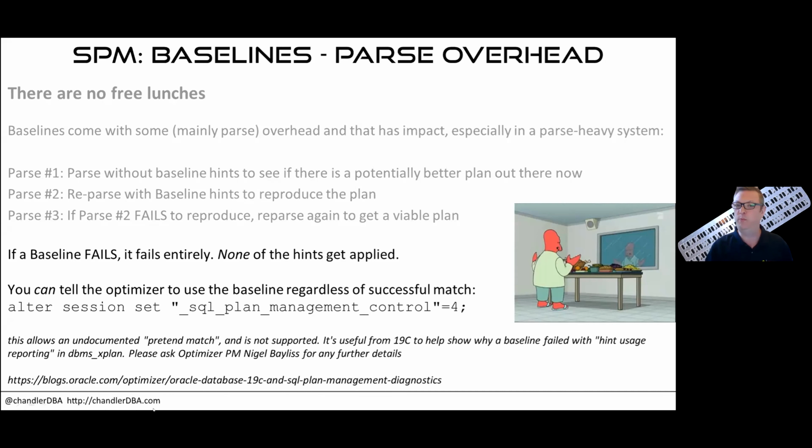If you set SQL plan management control to 4, it allows an undocumented pretend match, which allows you to use hint usage reporting in Oracle 19. That will tell you why certain hints were ignored, unused, or incorrect. If you want more information about that, you'll have to ask the Optimizer PM, because that's all I know about it. But it's basically a way to get baselines to work properly.